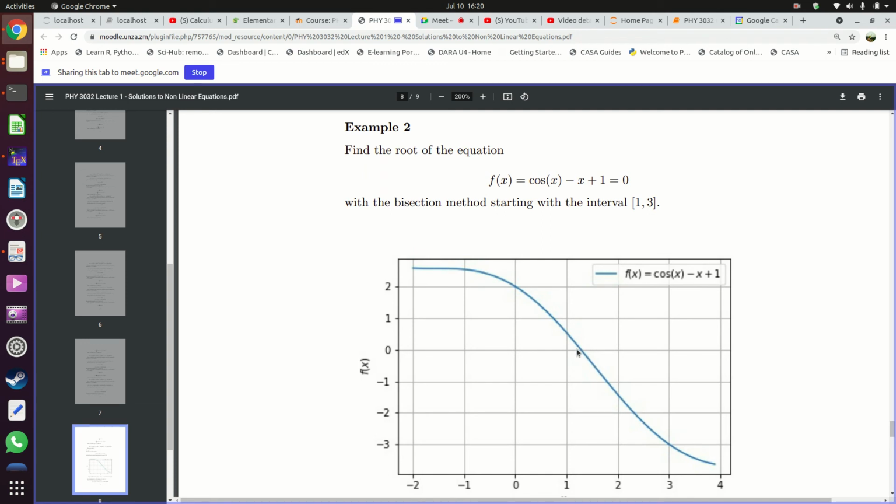There's a mistake. I'm supposed to probably start with 0 and 3. So I need to update this for tomorrow. So we'll start from 0 here and 3. Yeah, 0 and 3.